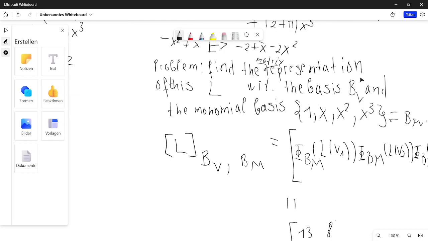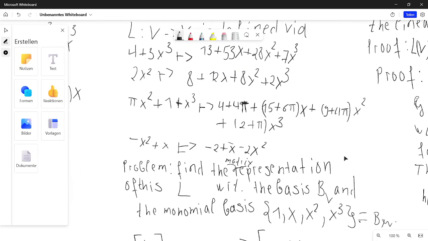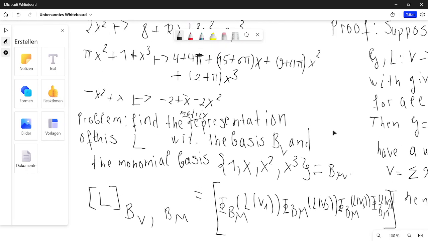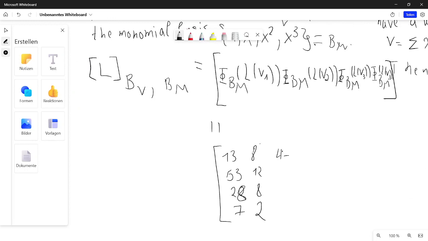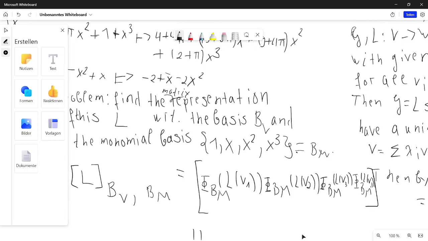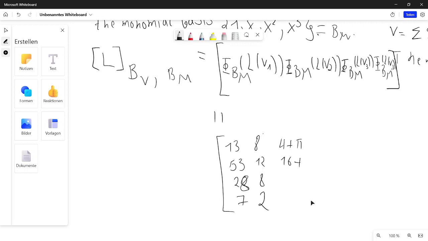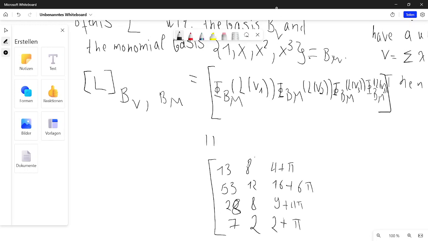And we have the third one, which is not quite so simple: 4 plus 4 pi, 16 plus 6 pi, 9 plus 4 pi, 2 plus pi.